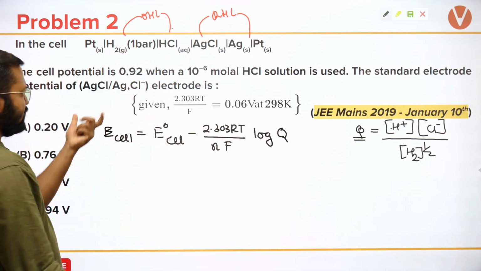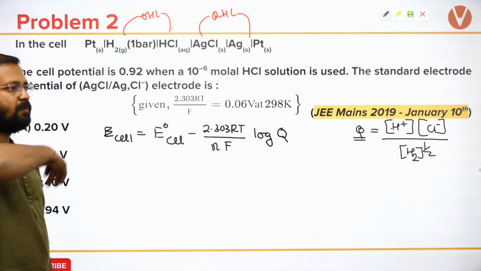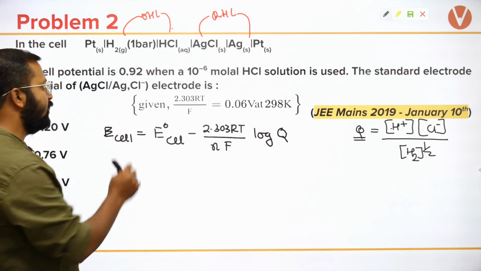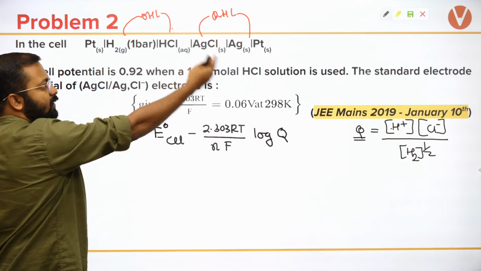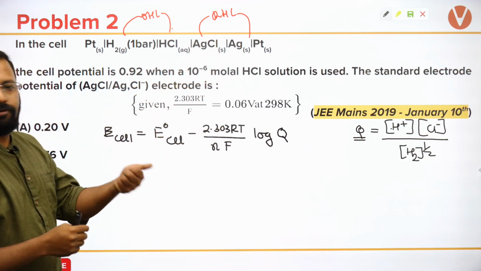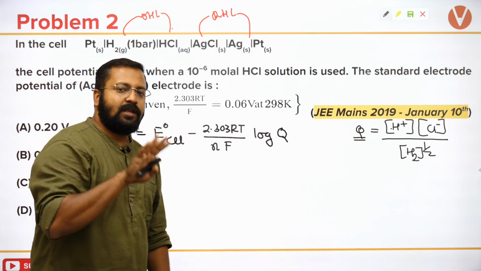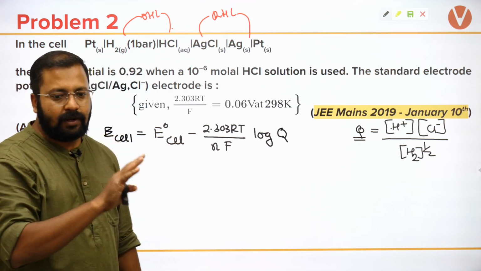So I can obviously assume that the reaction is taking place at equilibrium. मैं ये मान लेता हूँ कि reaction equilibrium पे हो रहा है, क्योंकि ये AgCl solid sparingly soluble salt के बारे में जो भी concentrations हम measure कर रहे हैं, we are measuring when it is a saturated solution, and saturated solution means equilibrium condition.